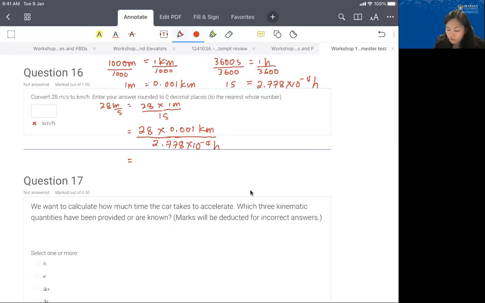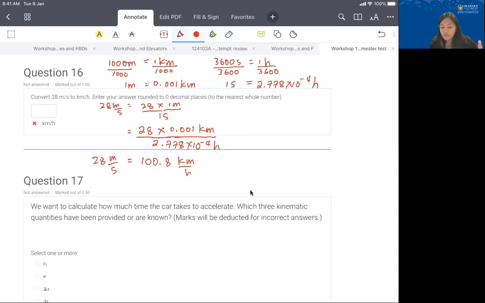That will give you 100.8 kilometers per hour for the conversion of 28 meters per second. The conversion is quite long if you do it this way, so I'll teach you a trick.